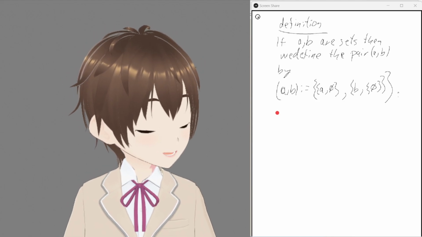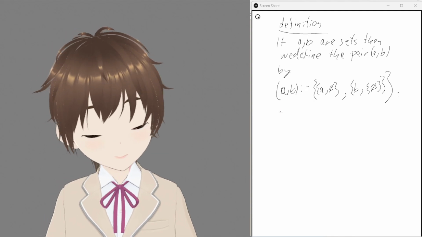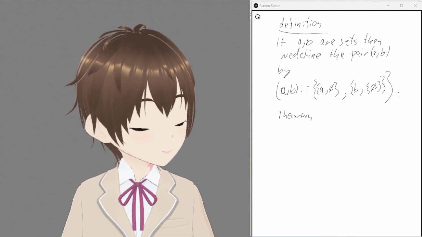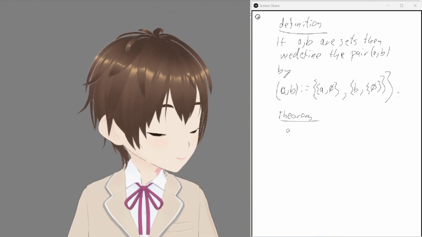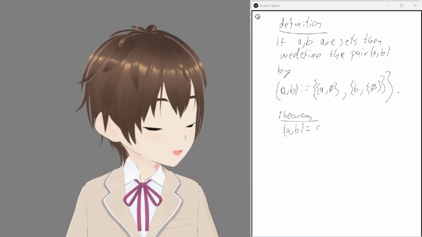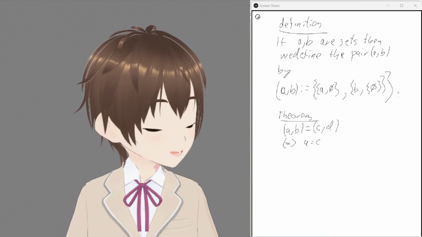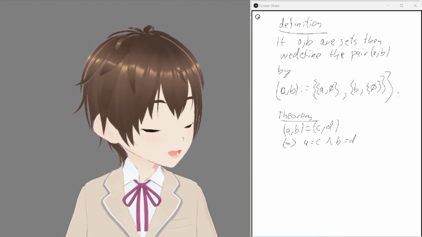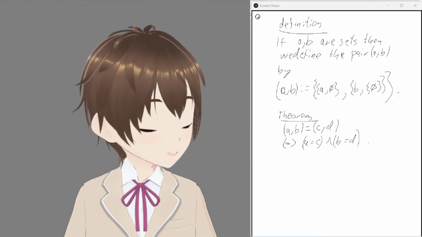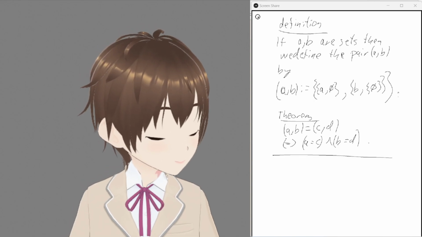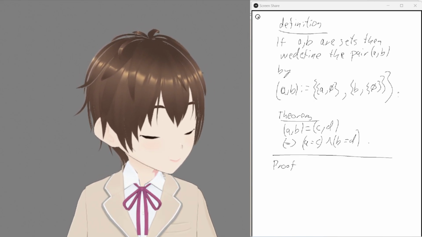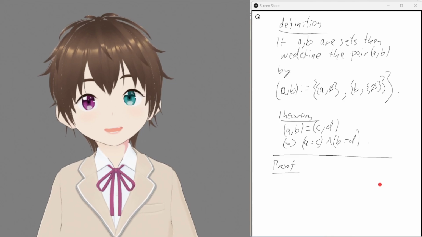So here's a theorem. (A, B) equals (C, D) if and only if A equals C and B equals D. And this is the property that we want in the definition. Okay, that's a proof. So we basically break it down into cases.